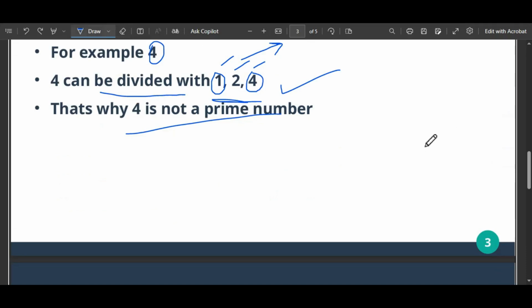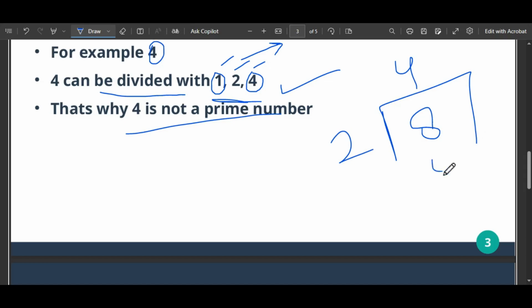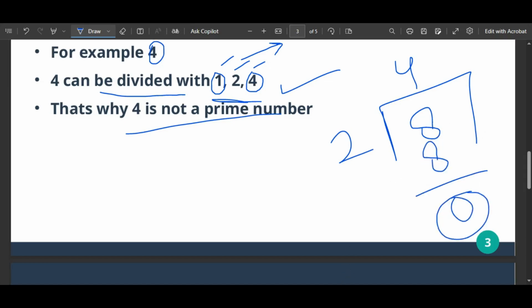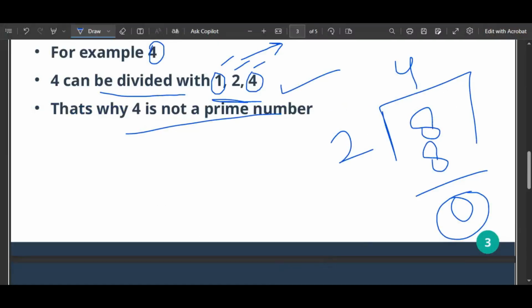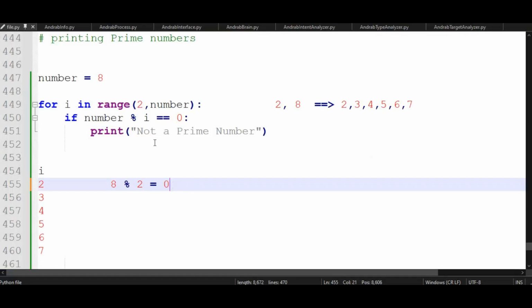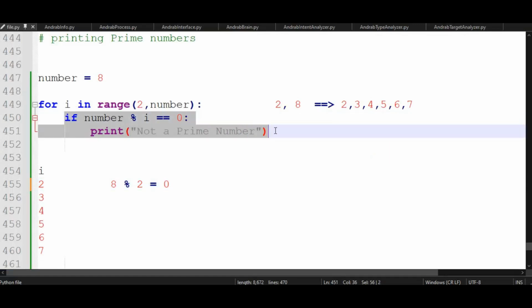Why? Because if you divide 8 by 2, we get 2 multiplied by 4, and the remainder is 0. See? The remainder becomes 0. That's what I am saying here: 8 percent 2. When we divide 8 by 2, we get remainder 0. So if the result is 0, then I will simply print not a prime number.